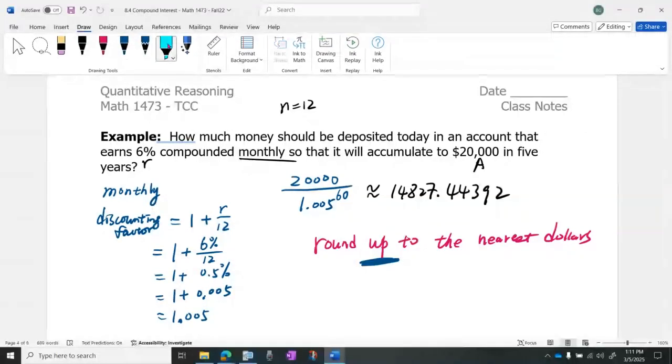If we follow the normal rounding rule, look at the digit behind the decimal point. It is less than 5, right? So we're supposed to round it down, and the result would be $14,827. However, the question would instruct us to round up to the nearest dollar.